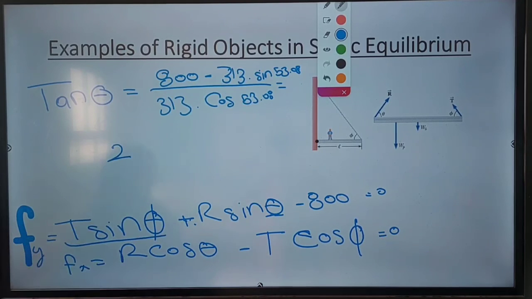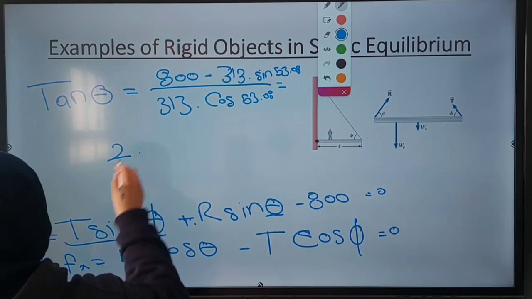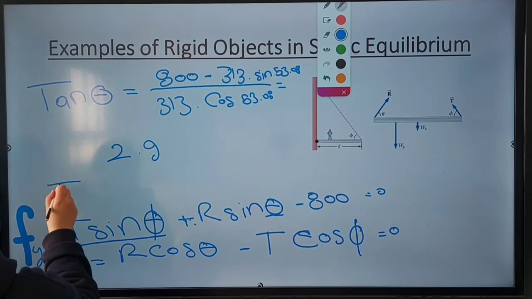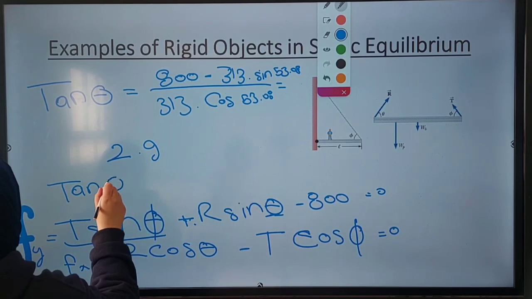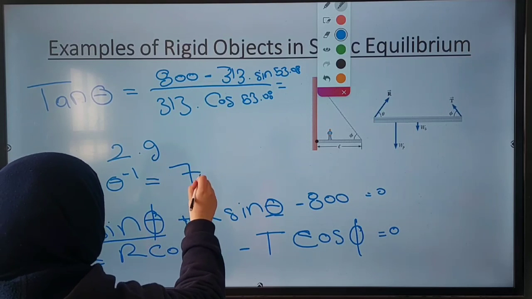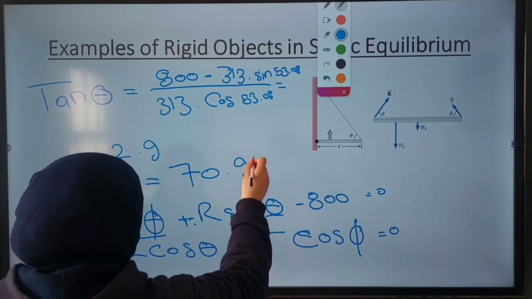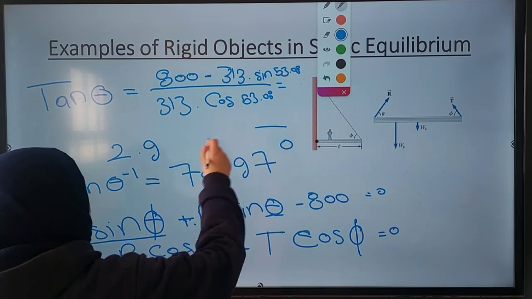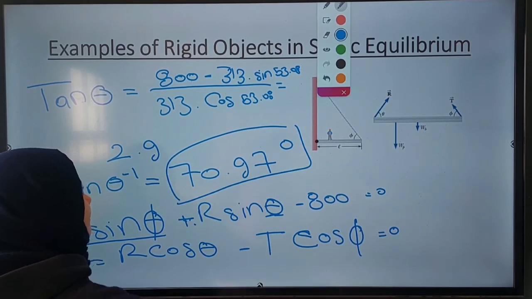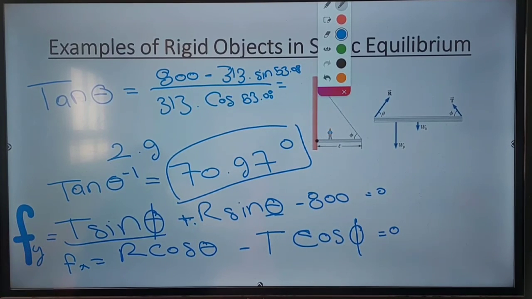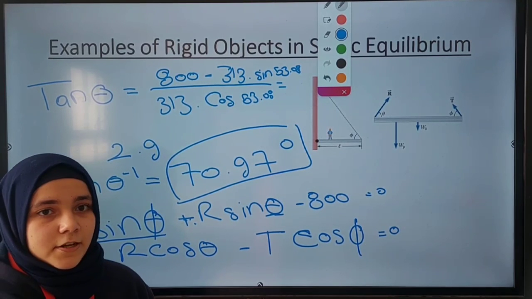So here tan theta is going to equal 2.9. So if we take tan theta to the power negative 1, it equals 70.9. So that's it. That is the direction of the force. Then that was the two examples of rigid objects in static equilibrium. Okay, and thank you.